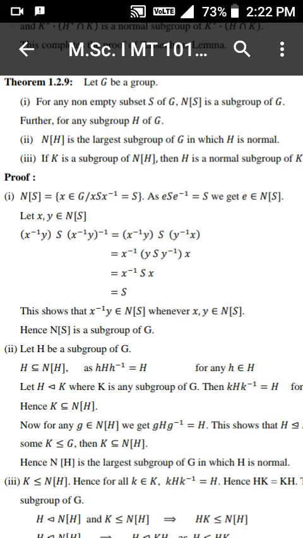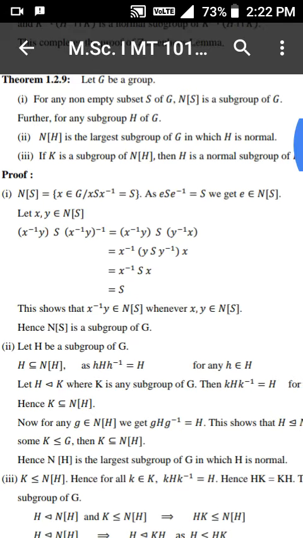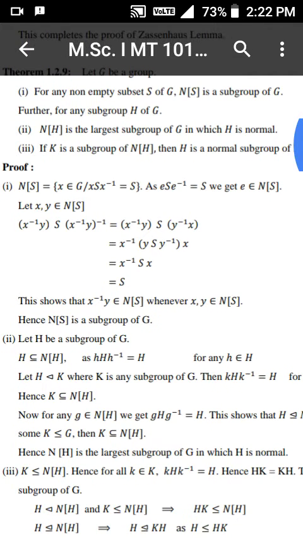For the proof, define N(S) equal to the set of x belonging to G such that x S x inverse is equal to S. Since e S e inverse is equal to S, we get e belongs to N(S); the identity element belongs to the normalizer.